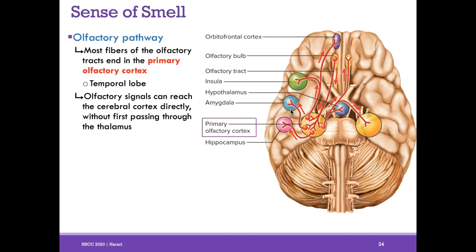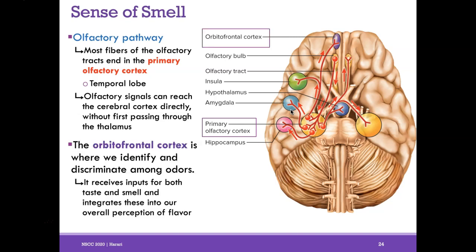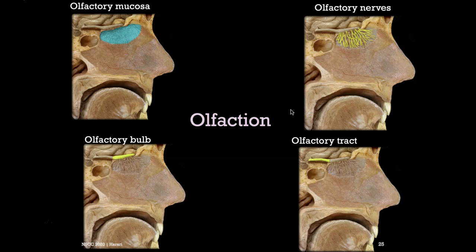Right, and like I mentioned, olfactory signals reach the cortex directly without passing through the thalamus. This is an exception to the rule. So it all started in the olfactory mucosa, in the nasal passage. These olfactory nerves, cranial nerves 1, receive signals from the sensory neurons of the olfactory receptors, and these feed into the olfactory bulb, which sends the message toward the olfactory tract.